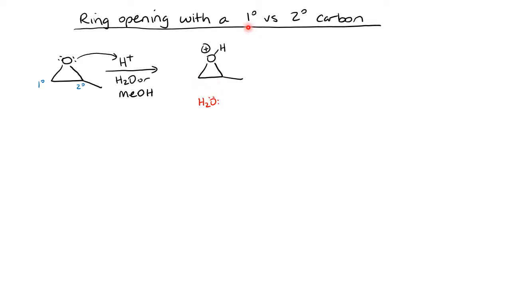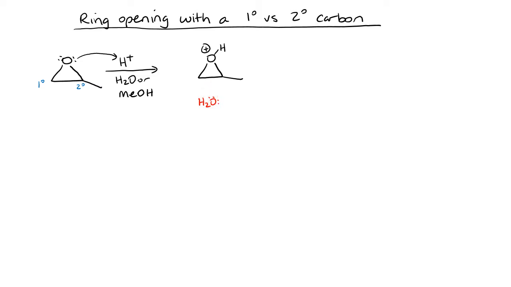Now in the case of a primary versus a secondary carbon, we know that tertiary carbocations are the most stable. Secondary is less stable, and primary is really not stable at all. Now in the case of donating electron density and forming that partial positive charge, the difference between a primary and secondary carbon is not very great. So the secondary carbon doesn't really form that much more of a stable partial positive charge than the primary carbon does.